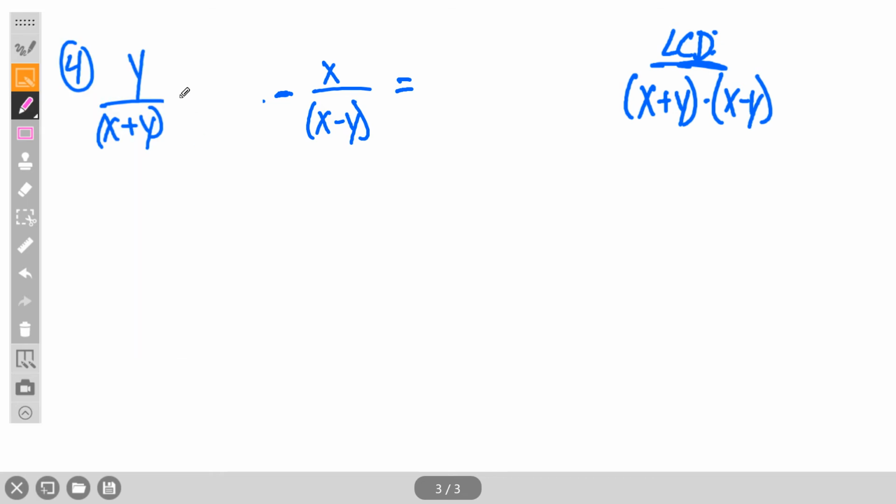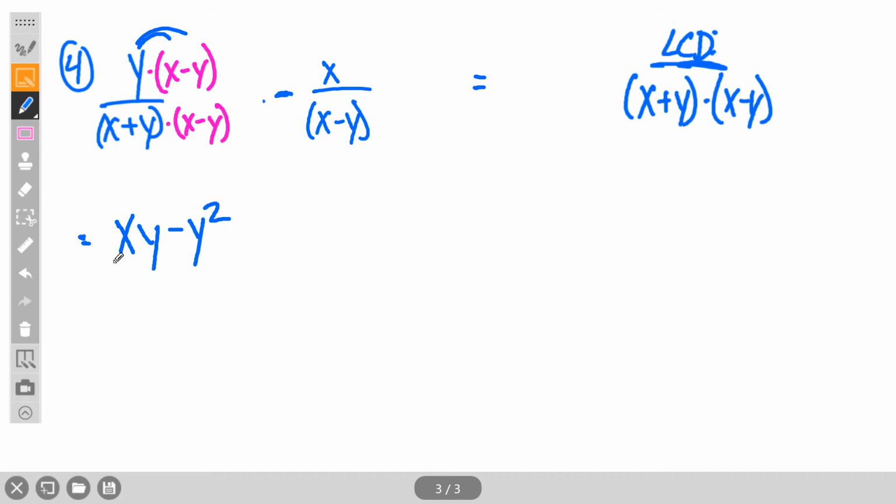Now I look at what I need to multiply. This one already has the factor x plus y. The factor that is missing is x minus y. So I also need to multiply the top by x minus y. So I distribute, and that's xy minus y squared.